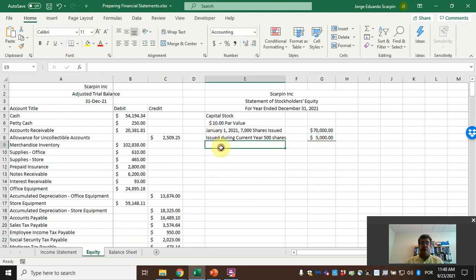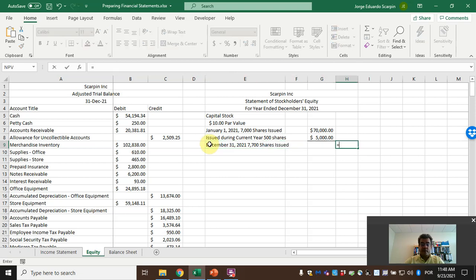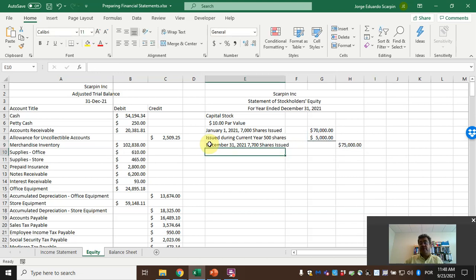And now December 31st, 2021, 500 shares issued. And here the sum of both, $75,000.